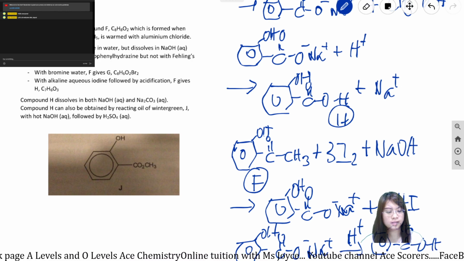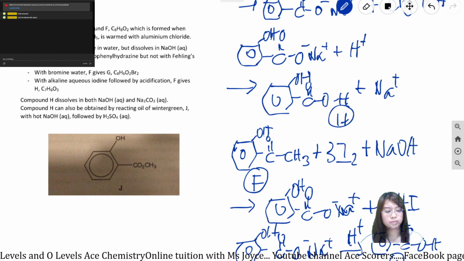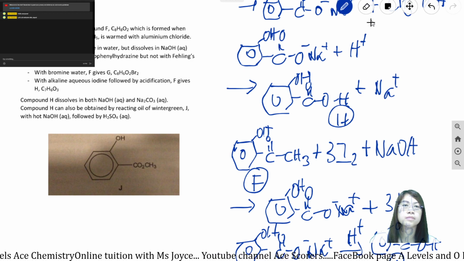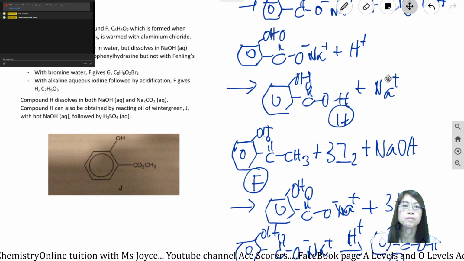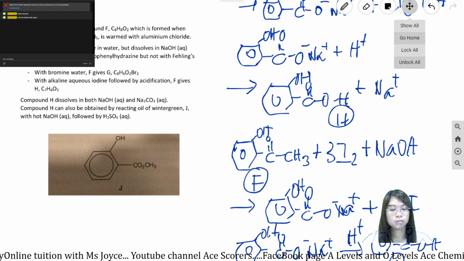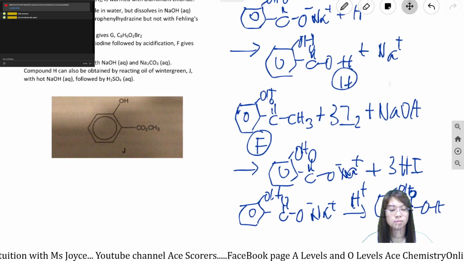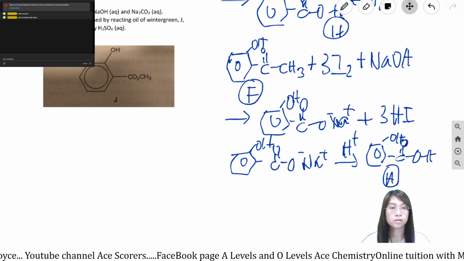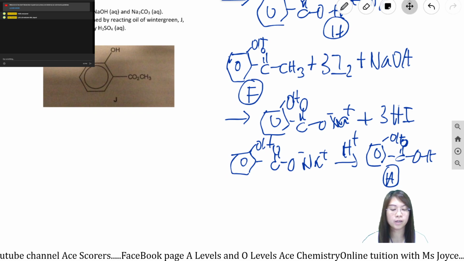All right, so this is the compound H that we have looked at earlier on.